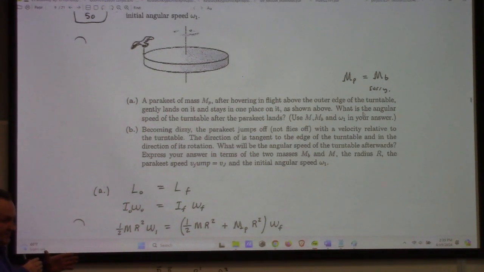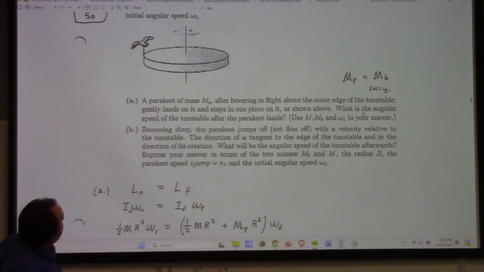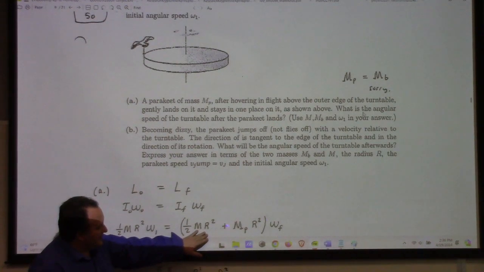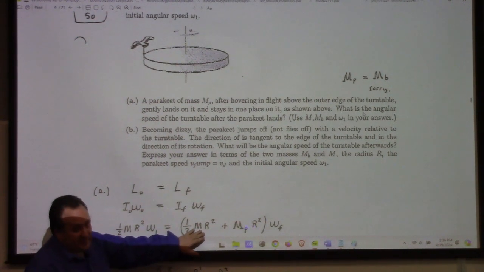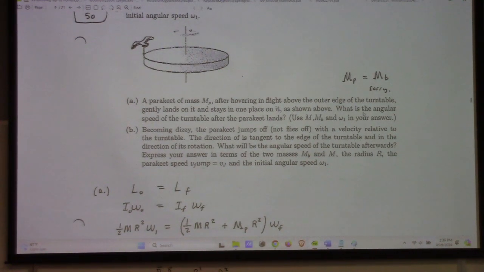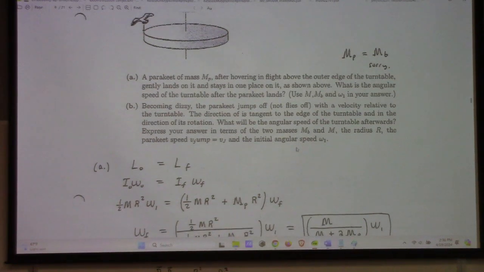It's because we're talking about a solid disk, and the moment of inertia about the center of the disk is 1/2 m r squared. We worked that out. And omega 1 is whatever was given here. Afterwards, you have the moment of inertia of the disk plus the moment of inertia of the parakeet, which is just m r squared, because I'm assuming that the parakeet lands at the edge of the record player. That's how to answer part A.